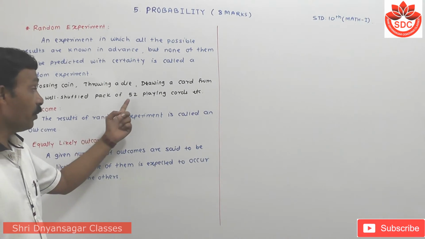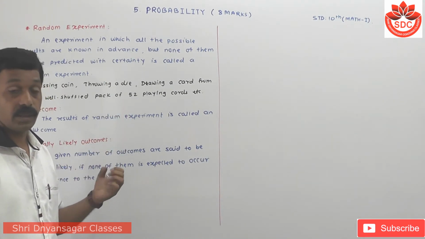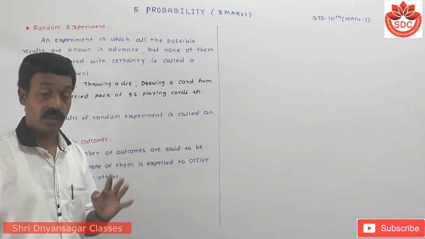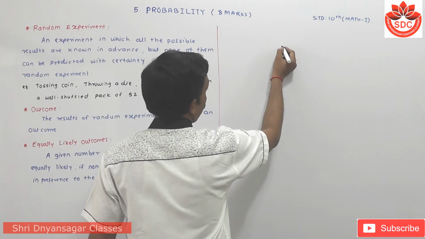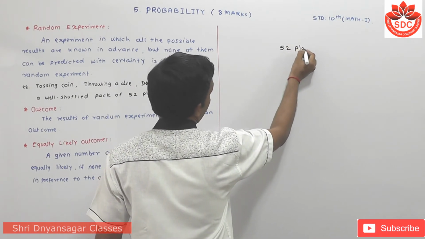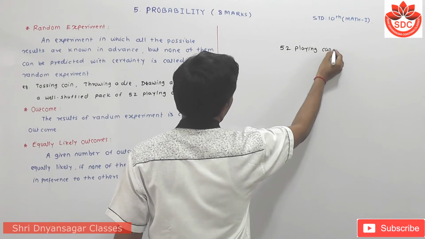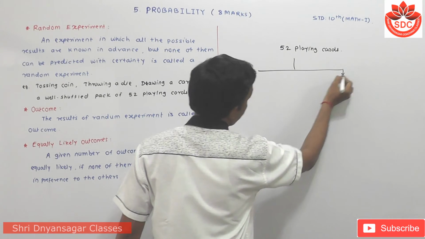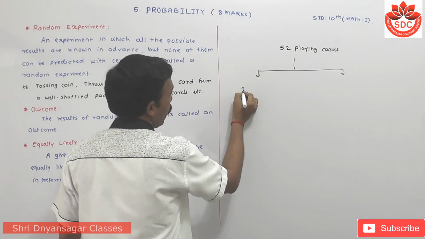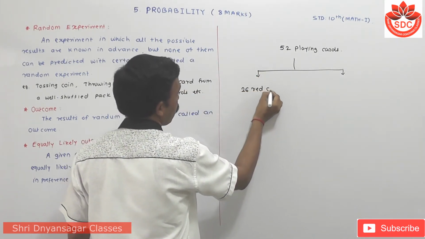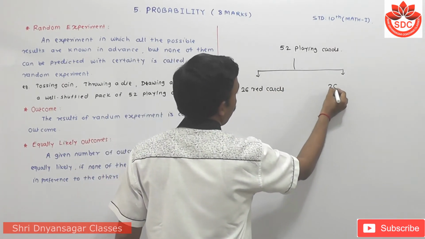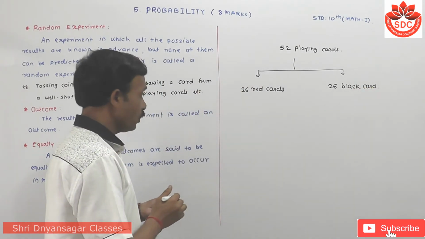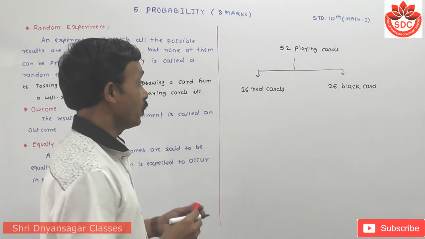Now students, all of you know the 52 playing cards. In this playing card pack there are 4 suits. These 52 playing cards are divided into 2 parts: first 26 red cards and 26 black cards. There are 4 suits here.